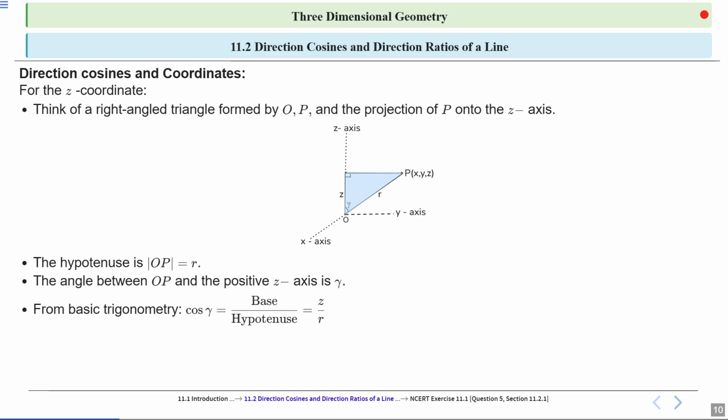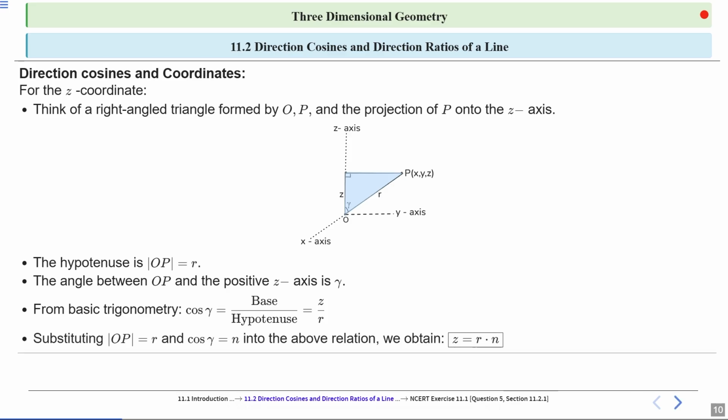So in this case, cos gamma equals z divided by r, where z is the length along the z-axis and r is the length of OP. Now, if we substitute length of OP equals r and cos gamma equals n into the above relation, we obtain z equals r times n.